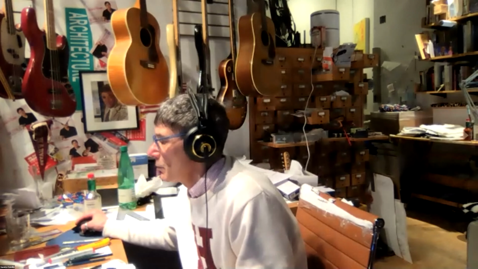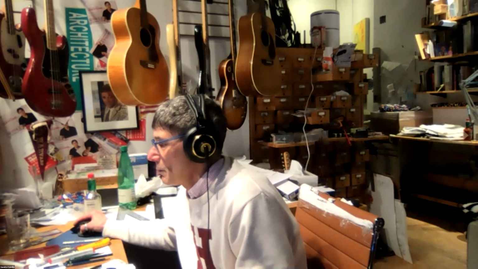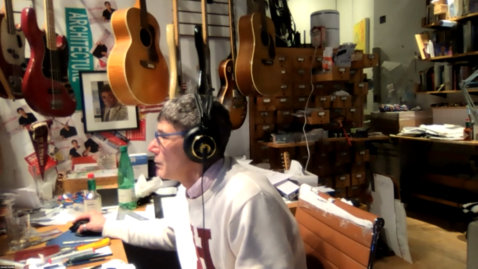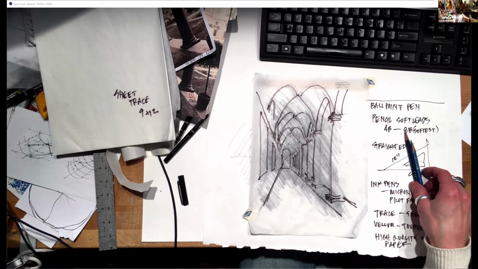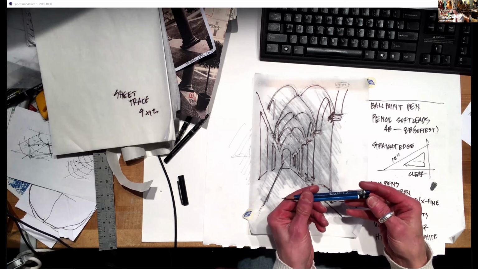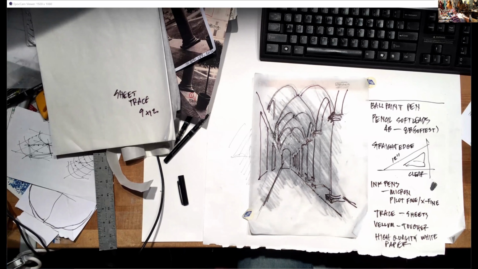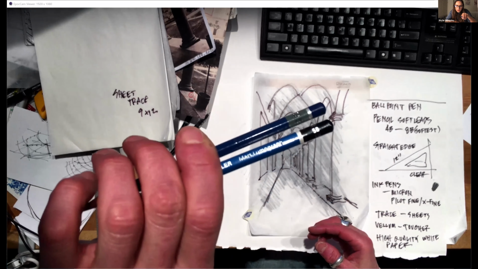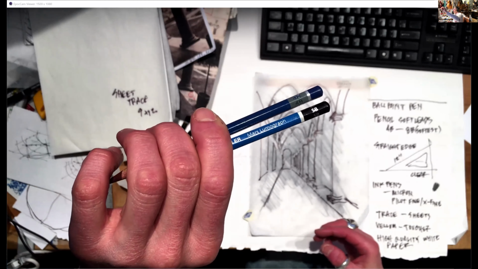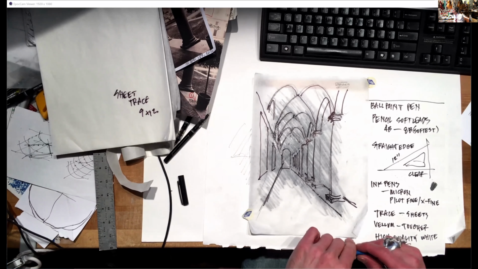Let me share. In order to transfer, I found a couple of the pencils that I use, like a 4B, a 5B, or an 8B lead.